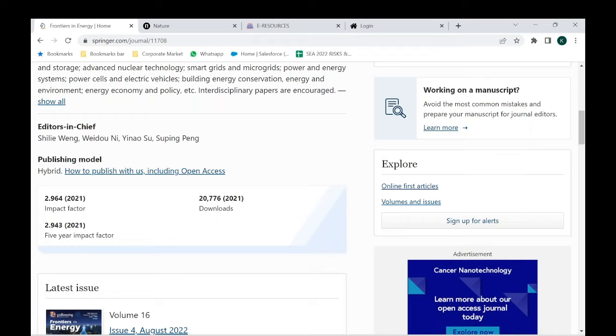So the number can be anywhere from 0.001 all the way to the sky's the limit. I believe the journal with the highest impact factor currently is CA, a Cancer Journal for Clinicians, if I'm not mistaken, and that has an impact factor of 100 plus.